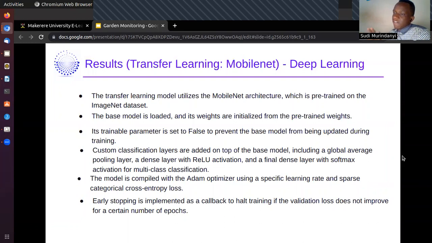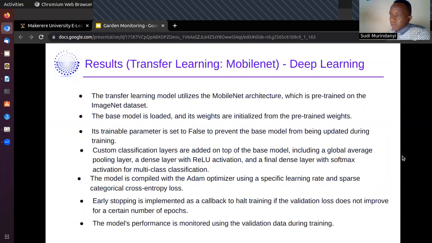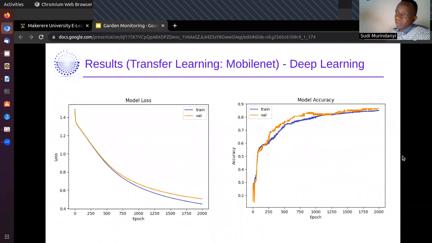So this is a very light model. You can see I trained so many epochs, but the model was still below 10 MB. So it was really a very light model, even though I trained it that much.